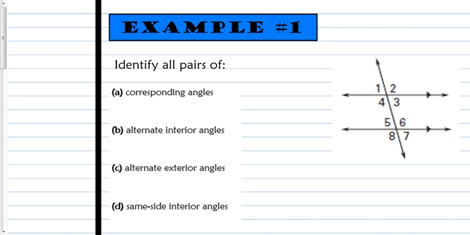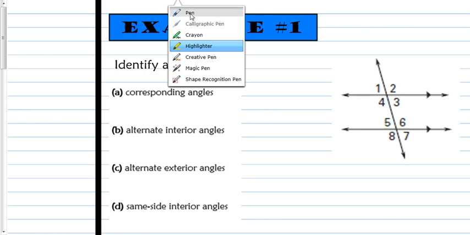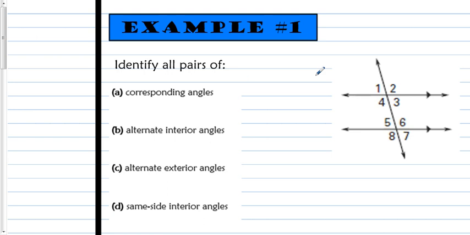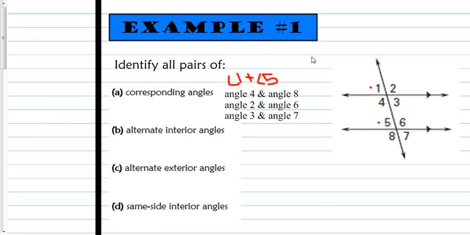Okay? So all pairs, I'm going to change this to a pen. Corresponding angles, I see that angle 1 and angle 5 are corresponding angles. Go ahead and pause this video and find the other 3 pairs of corresponding angles.